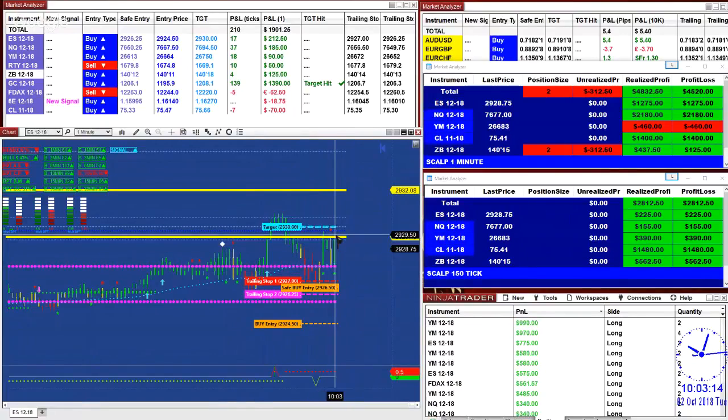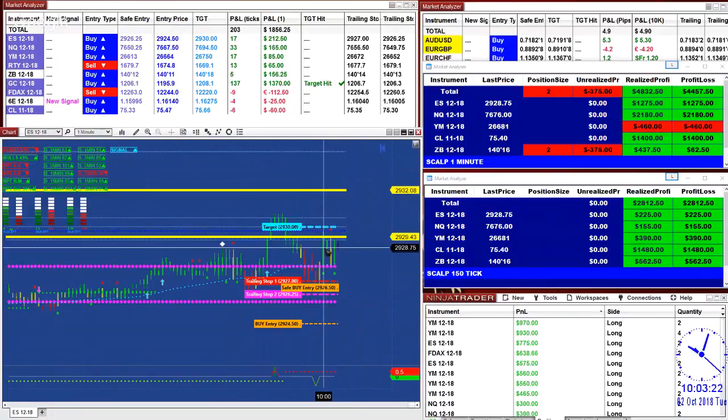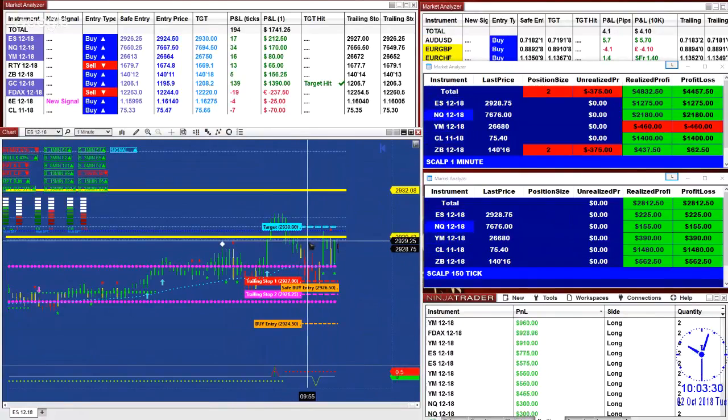Here is where most of the traders, or if you are auto trading, whether it's from us or somebody else, is irrelevant. This is where your auto trade starts going under stress, starts struggling, and starts losing money on some of them.